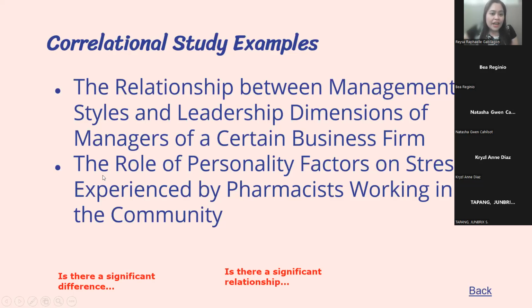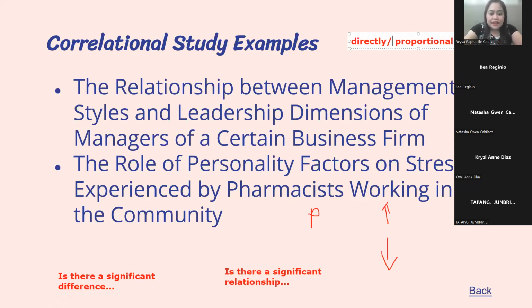Or the role of personality factors on stress experienced by the pharmacist working in the community. If the personality is like this, does it mean he is easily stressed or not easily stressed? That's relationship. When we look for relationship, we look at whether it is directly proportional or inversely proportional.